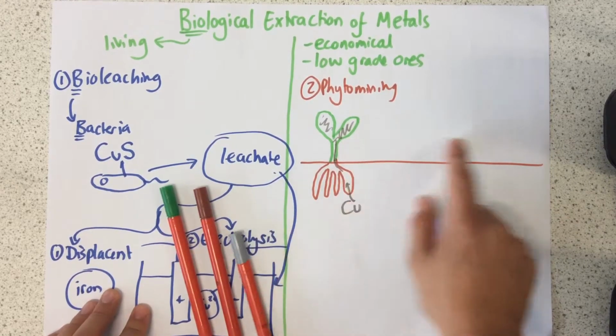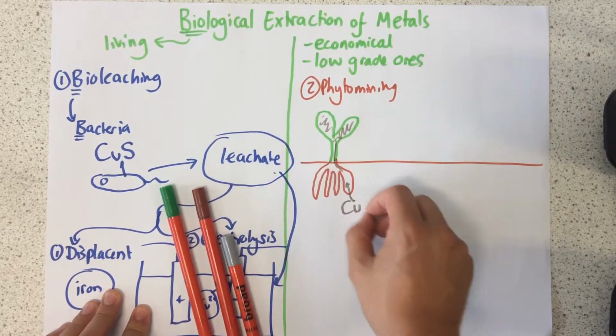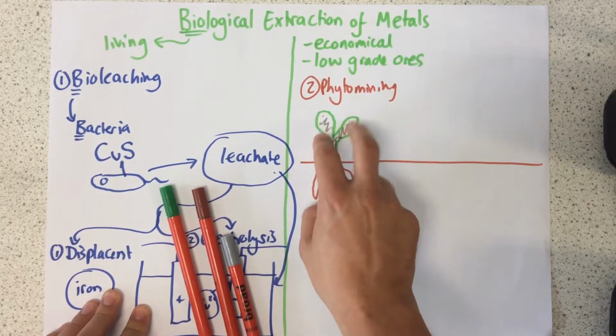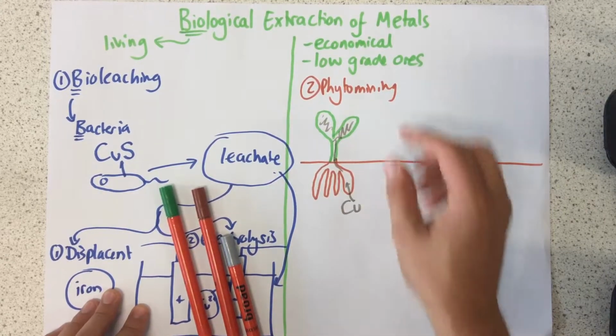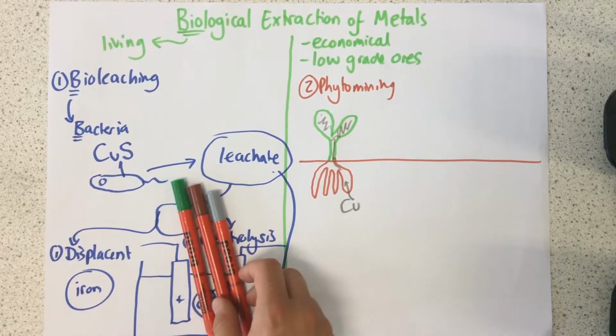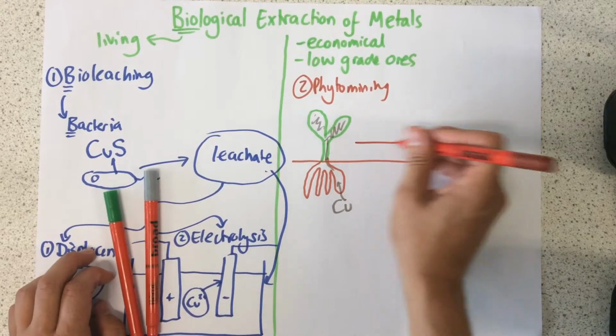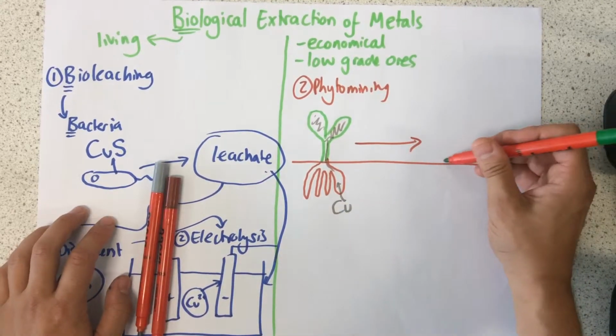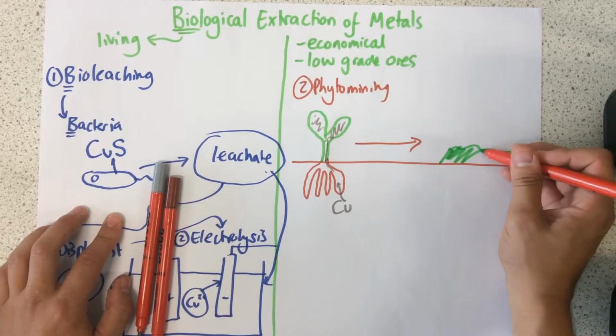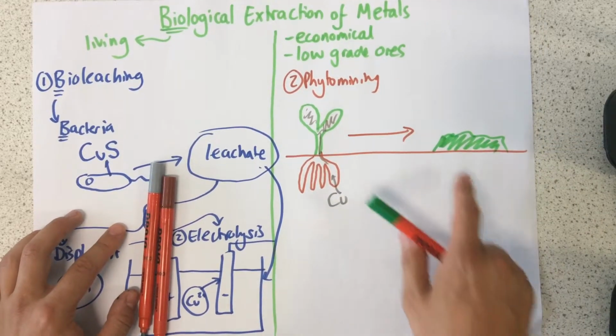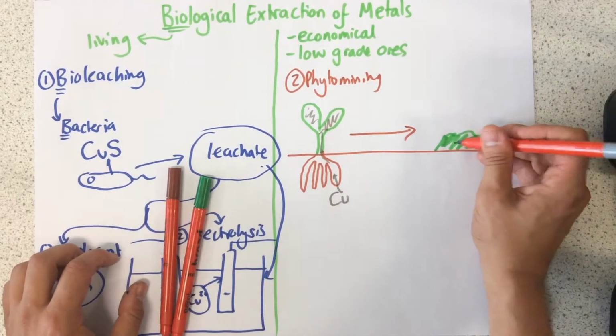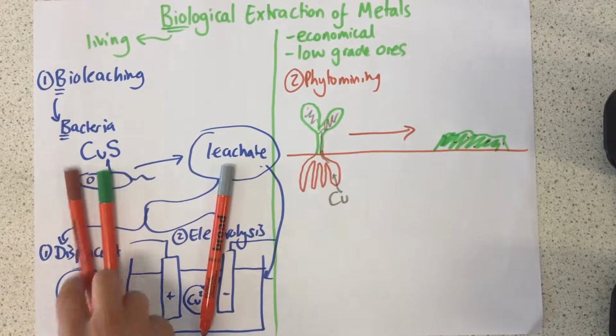So if we've got thousands and thousands of these plants all taking up bits of copper, we've now got copper stored within them. But it's really difficult to just take that out. So what needs to be done is all of those plants get burnt in a big furnace. Remember, this is thousands and thousands of plants, all containing little bits of copper. We burn them.